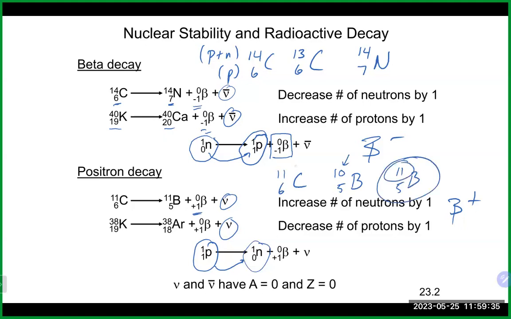So overall there's no net change in the mass number, but what's happening is we're dropping a proton and replacing it with a neutron. That's why the number stays the same, but there is some transitioning occurring. And here we actually decrease by 1 on the periodic table because we are giving off that positron particle.